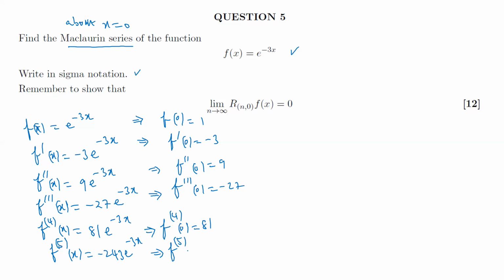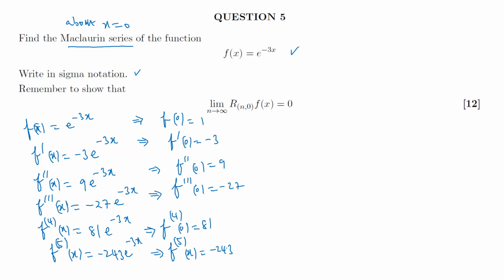The fifth derivative is minus 243e to the minus 3x. This is what we got.